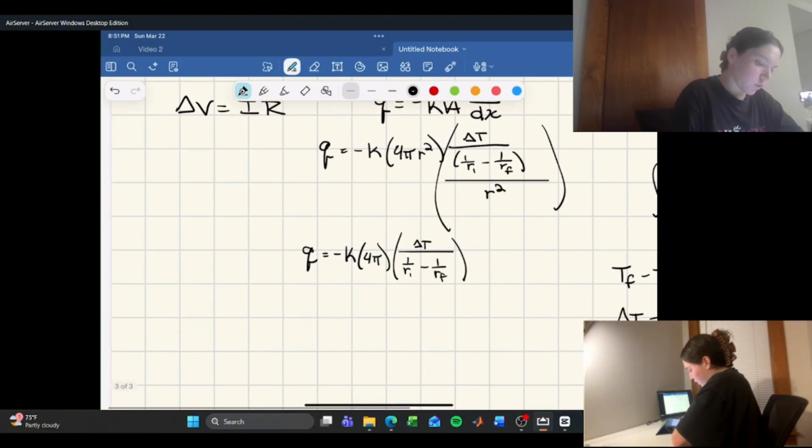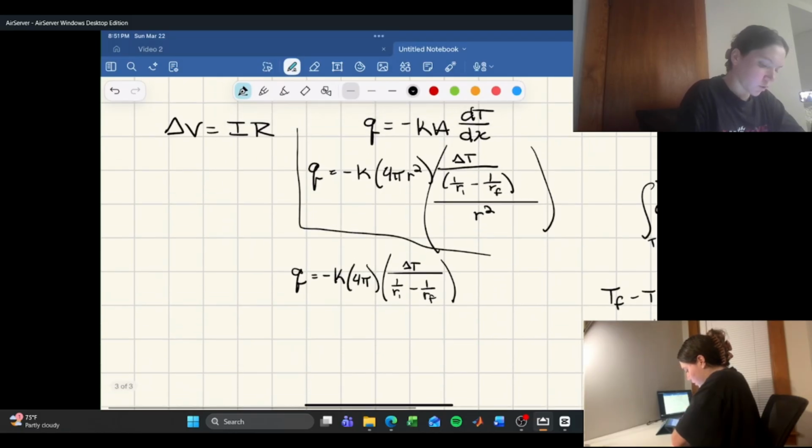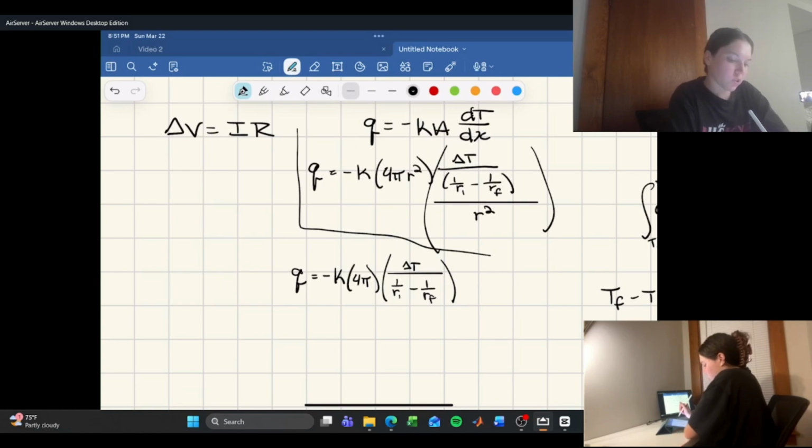And then relating it back to Ohm's law, again, like in previous videos, we talked about how the change in voltage is similar to the change in temperature, and how the current flowing around a circuit is similar to how heat flows.